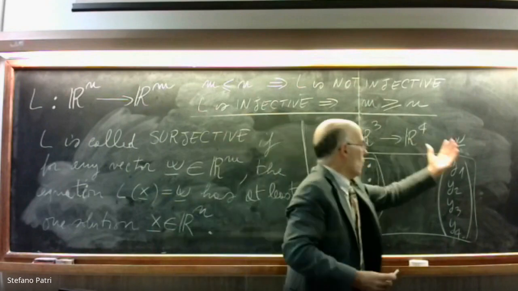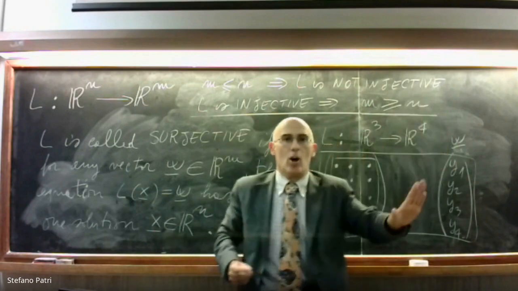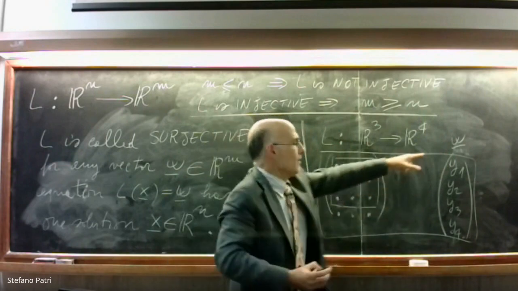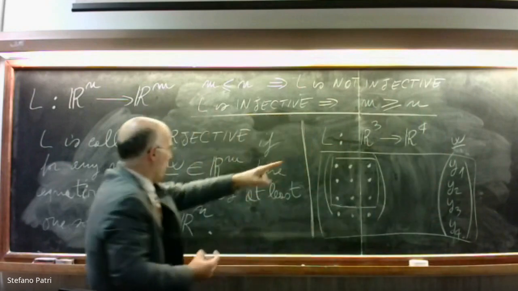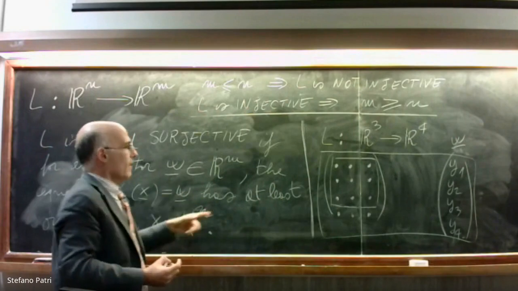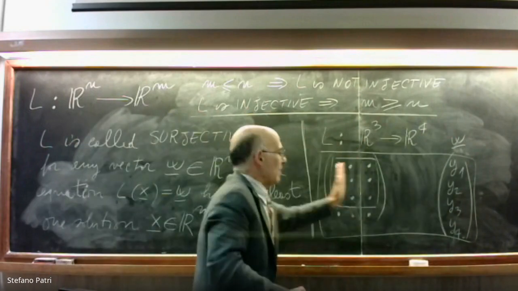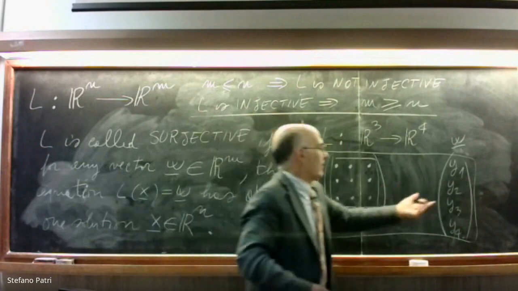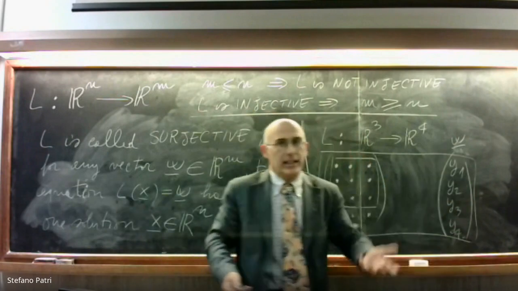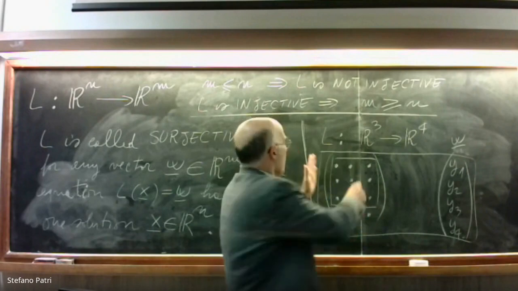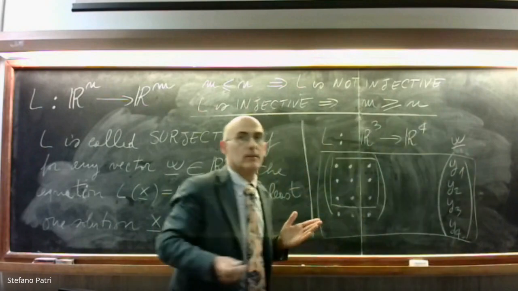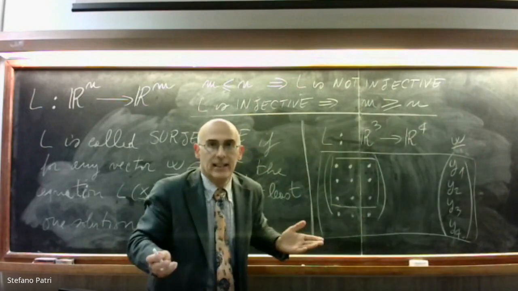But then, when I add the last column consisting of the components of W, the matrix is 4 times 4, and for some W this matrix could have rank 4. Okay?